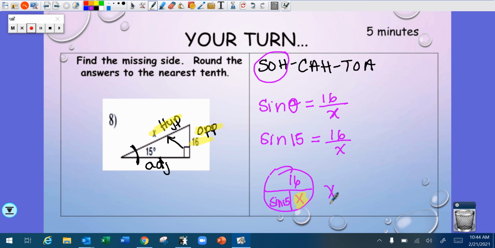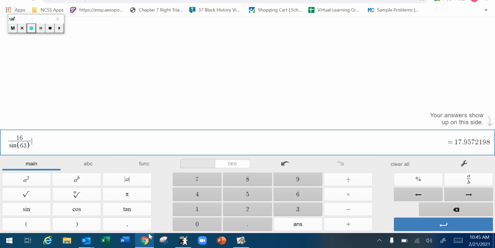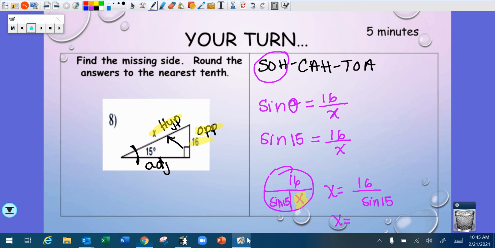And I would write x equals 16 over this, write exactly what you see. Sine of 15. All right, and so x equals, and I get 61.8. Okay, so my odd classes, you can actually stop here.